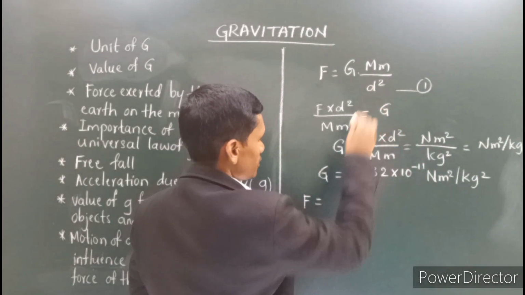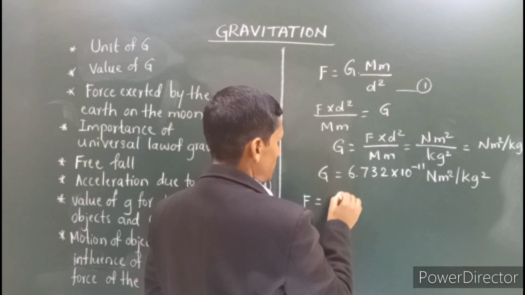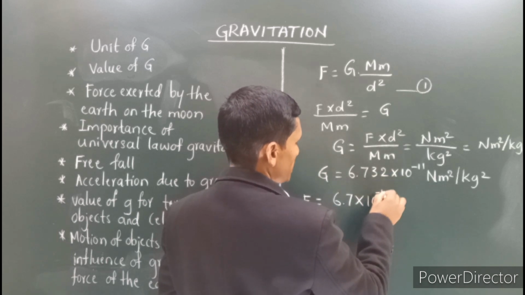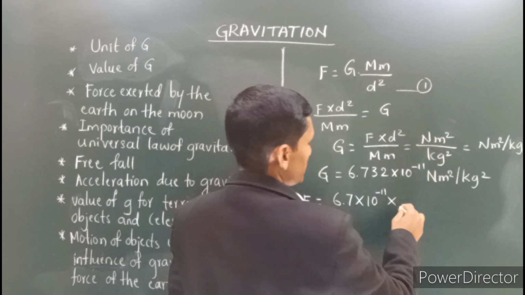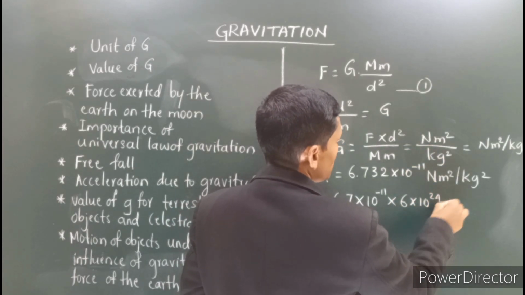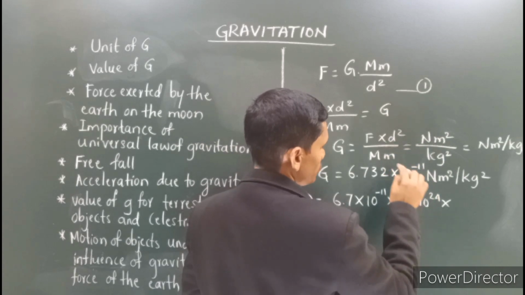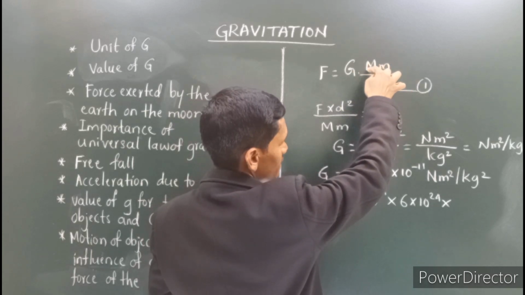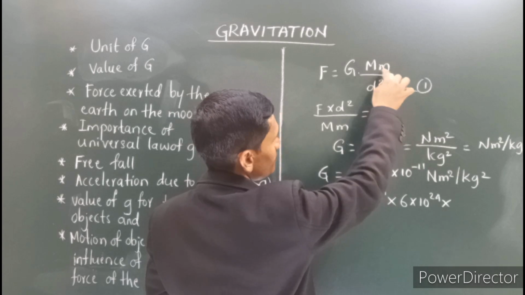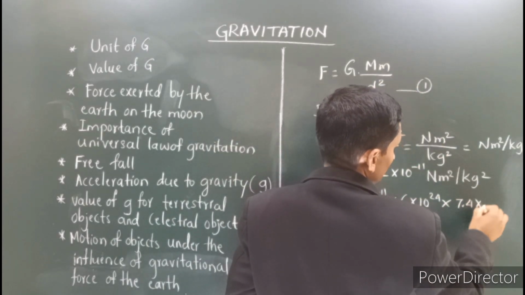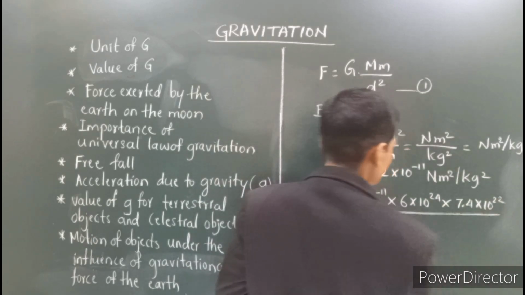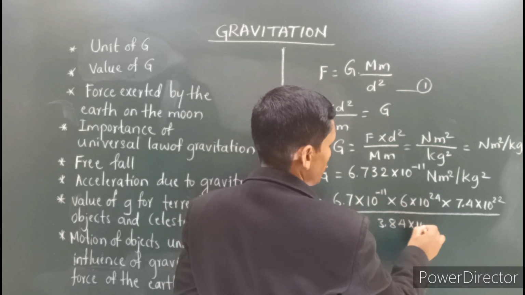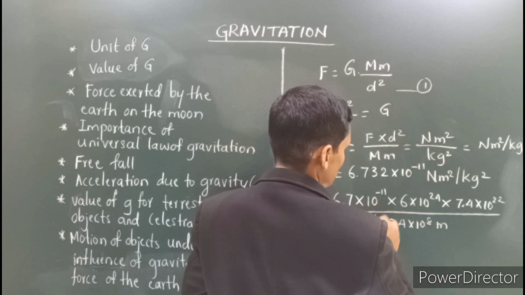F is equal to G, and the value of G is taken as 6.7 into 10 to the power minus 11, into the mass of the earth, which is 6 into 10 to the power 24, and the mass of the moon, small m, which is 7.4 into 10 to the power 22, divided by the distance between the moon and the earth, which is 3.84 into 10 to the power 8 meter, that is squared.